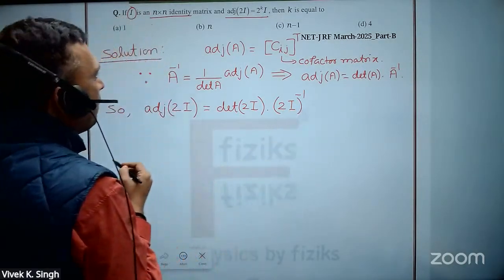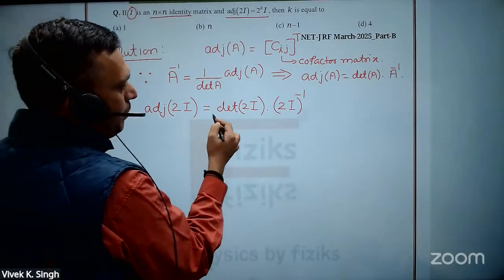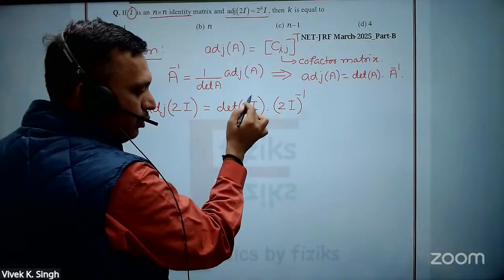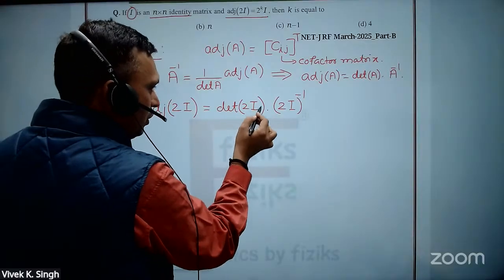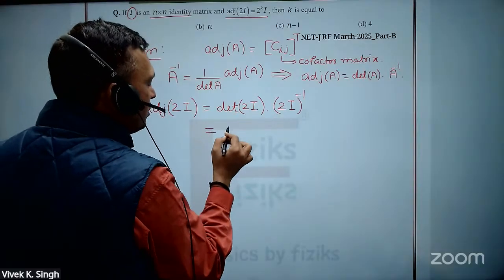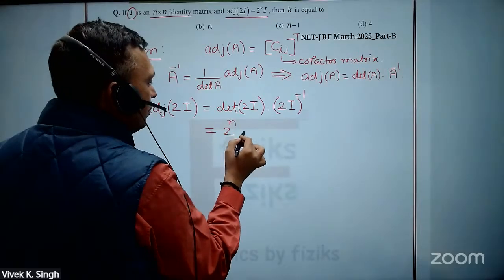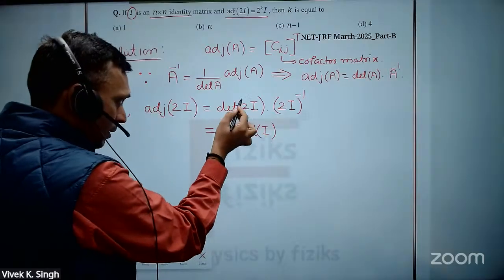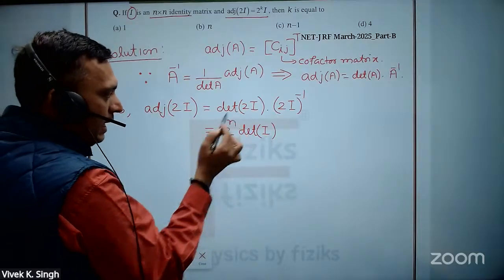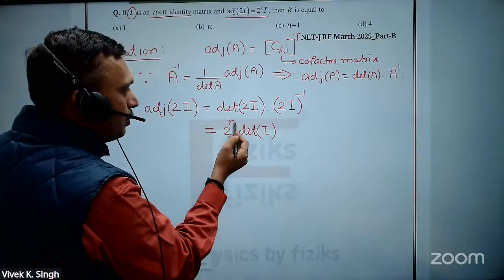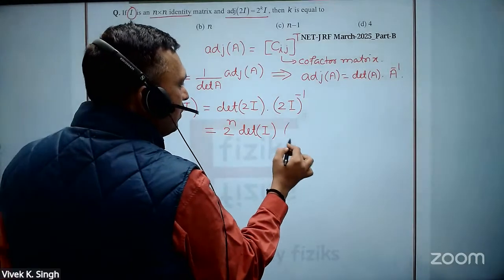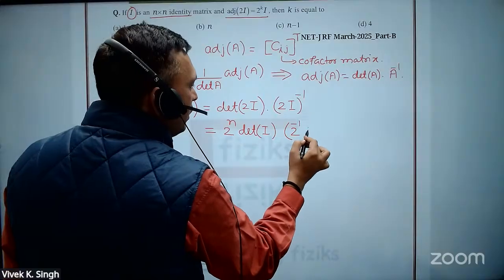And you know the property of determinant: determinant of some scalar into matrix. If you know the order of the matrix, then this will be given by 2 power n determinant I. Why? Because 2 is a scalar and I is an n cross n matrix. So this will be equal to 2 power n determinant I, and this will give you 2 inverse I.